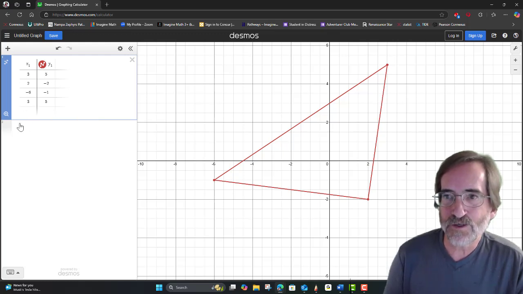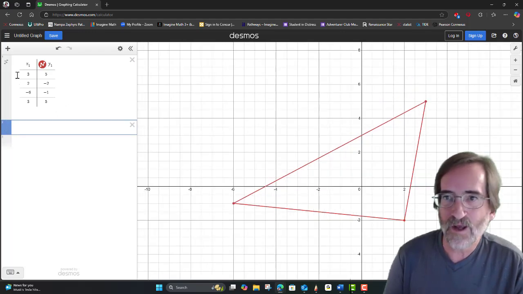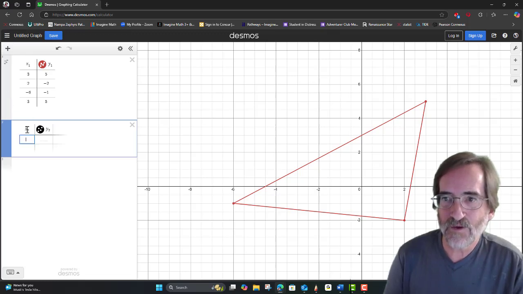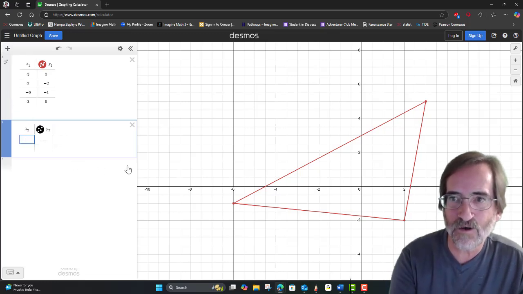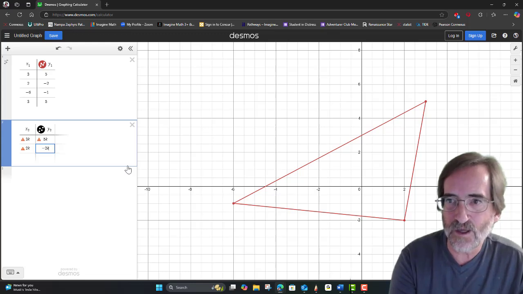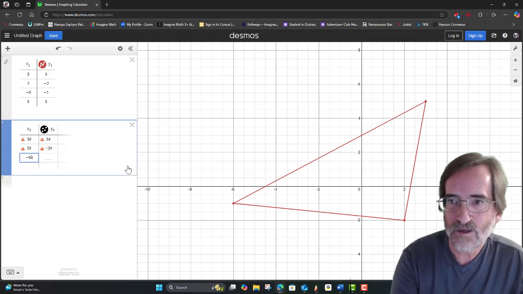All right. And so what I want to do is I want to multiply by some scale factor. I'm going to add a new table. I'm going to use the same coordinates, but I'm going to multiply all of them by k. 3k, 5k, 2k, negative 2k, negative 6k, negative 1k, 3k, 5k.